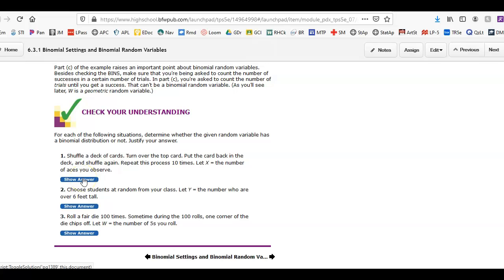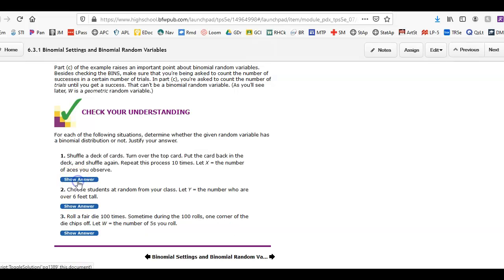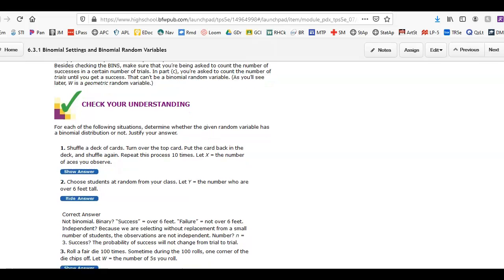So shuffling a deck of cards, putting the card back, shuffling again, getting an ace, not getting an ace, you're replacing, so you're fine. Number of trials is 10, probability of success stays constant. That would satisfy the binomial setting, so that would be a binomial variable. Here this is not.